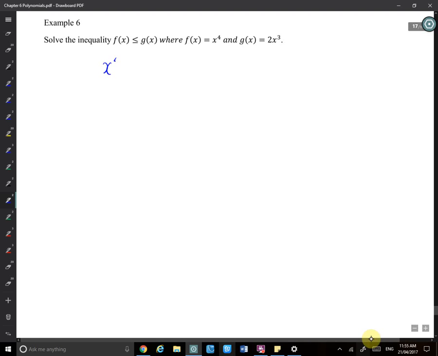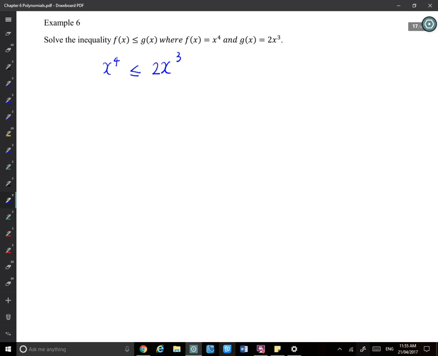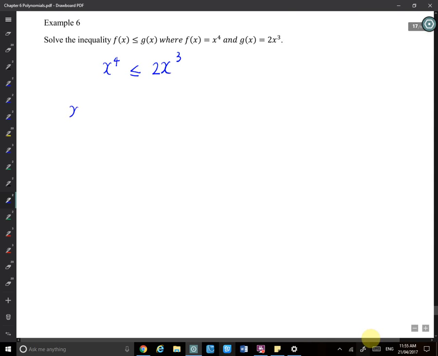Then what you want to solve is x to the power 4 smaller or equal to 2x to the power 3. But I don't want expressions on both sides. I want one side to be 0, the right hand side. Therefore, I can have x to the power 4 minus 2x to the power 3 smaller or equal to 0.